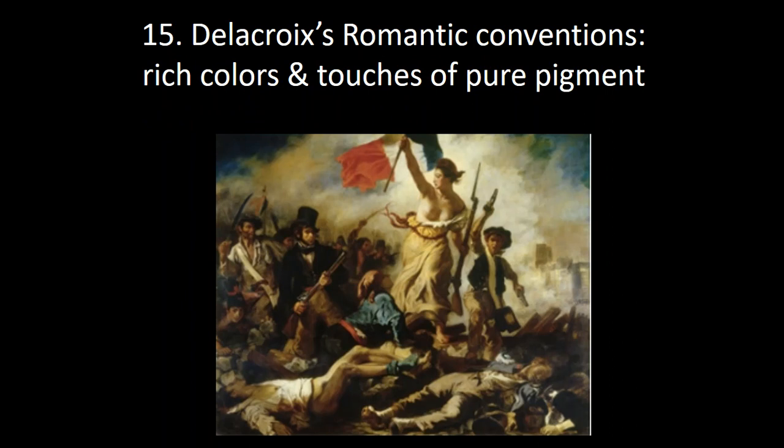Question 15. How did French artist Eugène Delacroix incorporate romantic conventions in Liberty Leading the People? Well, the romantic conventions are bringing in those rich colors that were kind of missing in that neoclassical moment, and touches of pure pigment. Romantic artists are focused on emotions. Do you see the emotion in this painting?